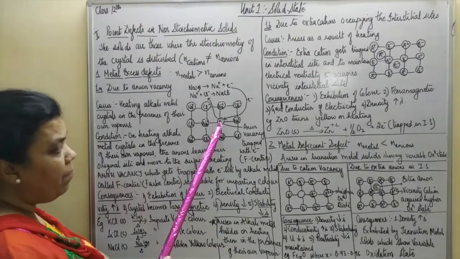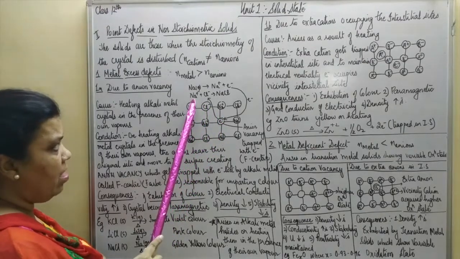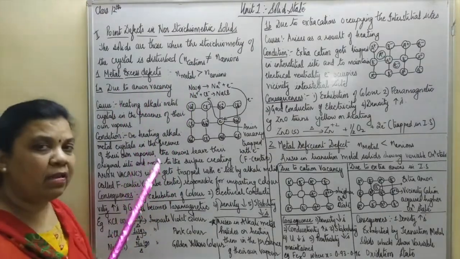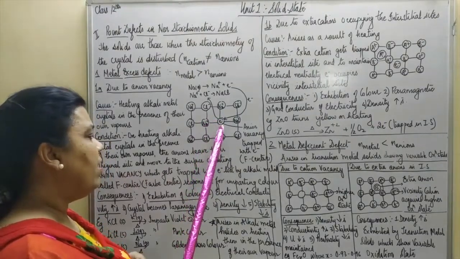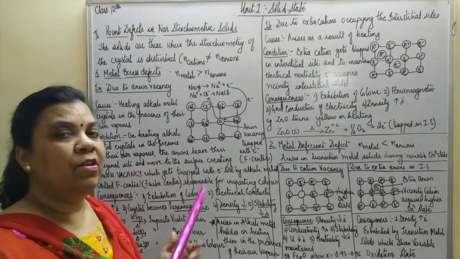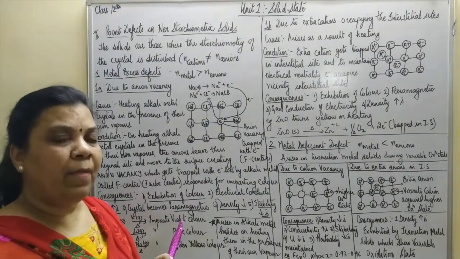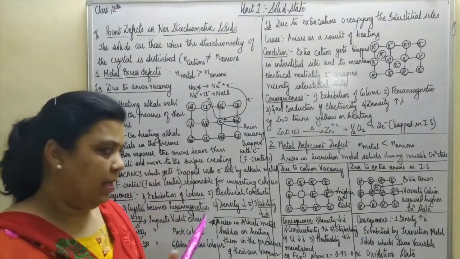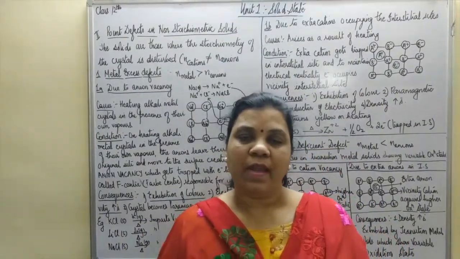That means the number of anions becomes less than the number of cations, and therefore if metal is in excess, we call it metal excess defect. And look here, electrical neutrality is being maintained. Why? Because the loss of negatively charged anion is being compensated by the trapping of the negatively charged electron in the anion vacancy. So this was all about the metal excess defect due to anion vacancy.